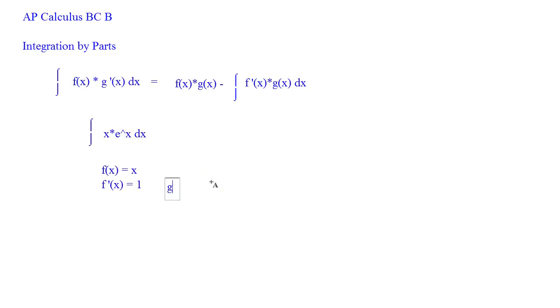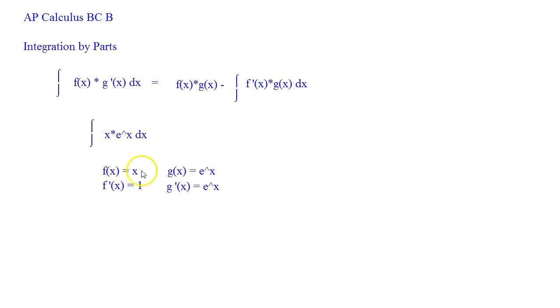And then our g prime of x is going to be e to the x, and that's really simple too because the antiderivative of e to the x is also e to the x. So that's a really nice easy part to work with.